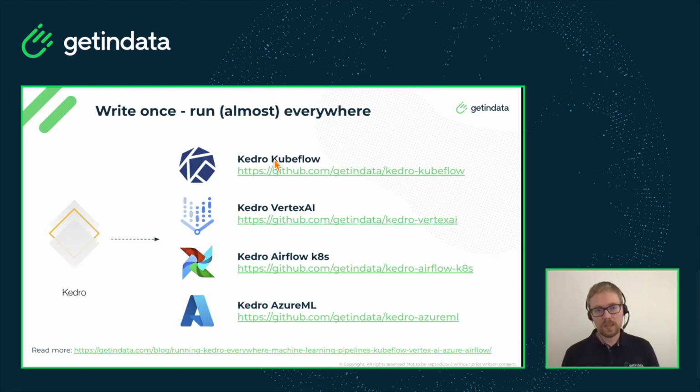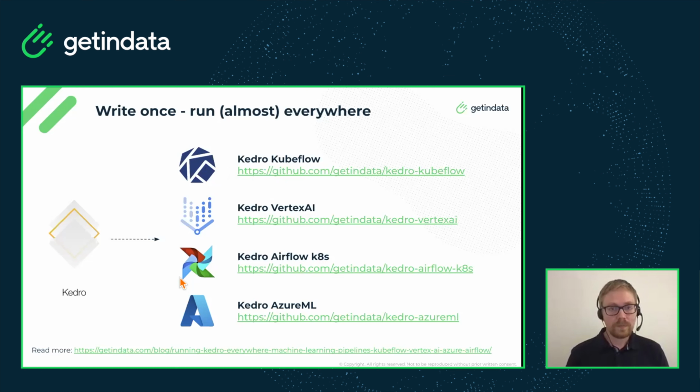So you may easily translate your Kedro pipeline to run it on a Kubeflow cluster, on Vertex AI, on Airflow on a Kubernetes cluster, so it's not limited only to Google Cloud Platform, but we've got generic open source options on Kubeflow and Airflow, and we are not limited to one cloud provider, because we support also Azure ML.